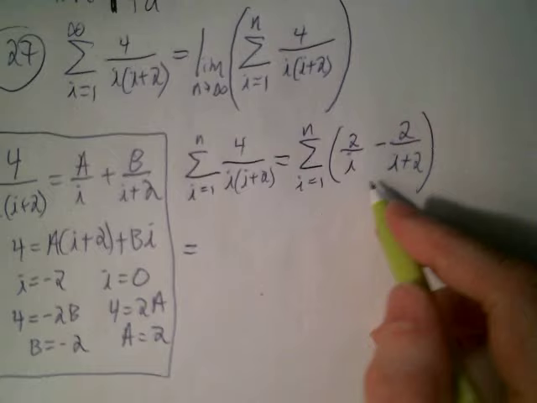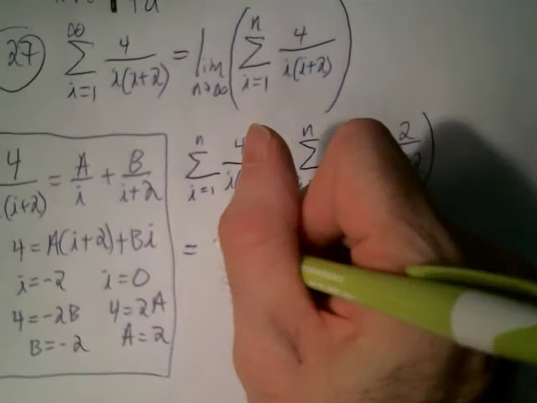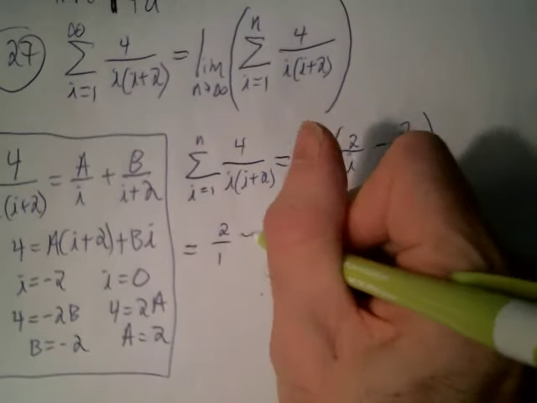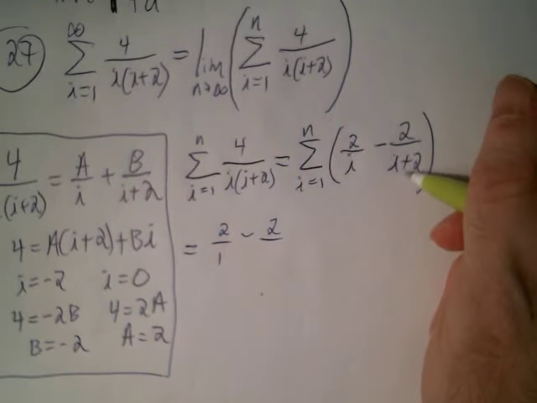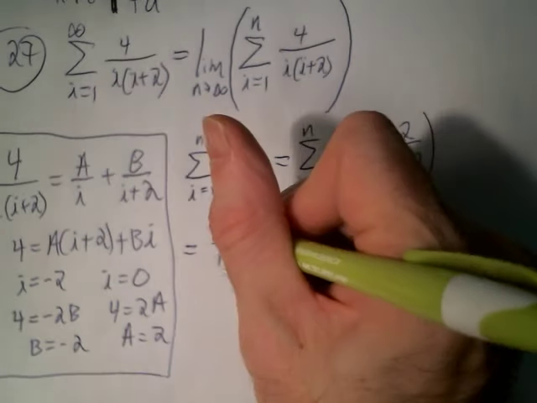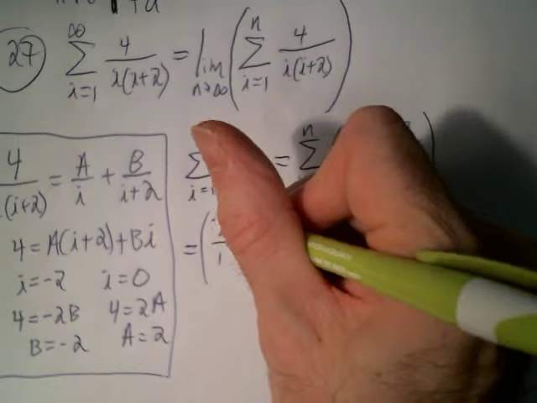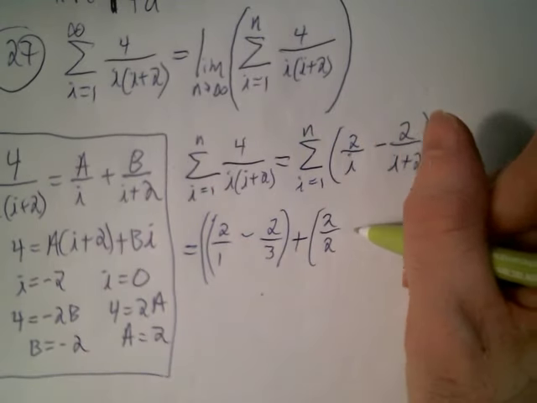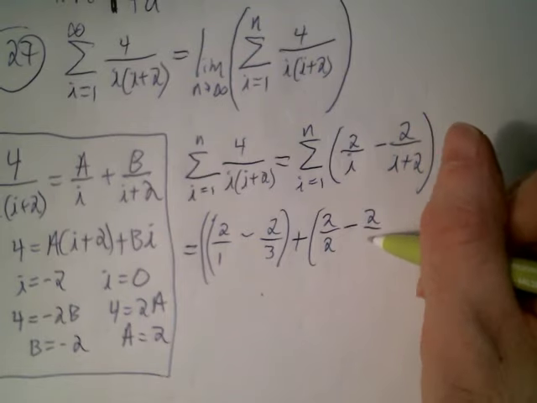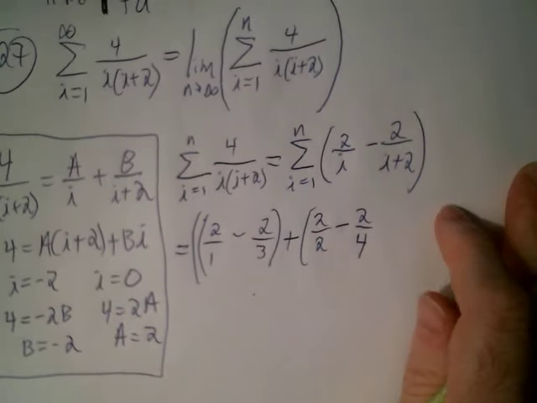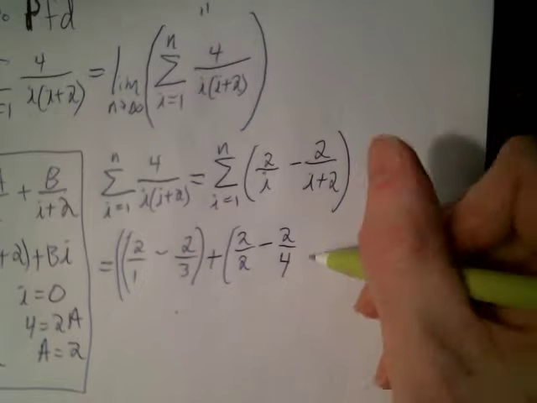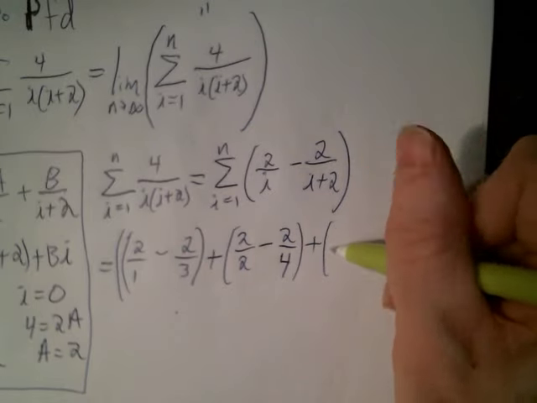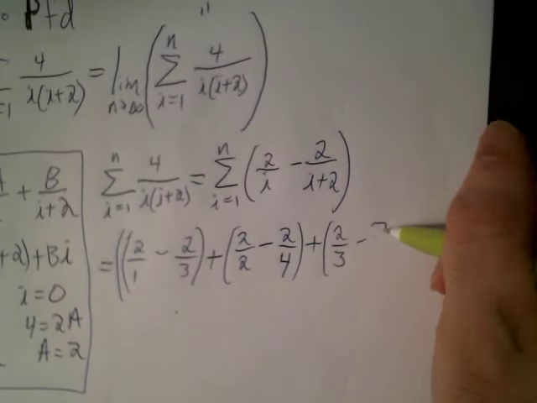So I'll just look at the first couple terms. I'll have 2 over 1 minus 2 over, if I put 1 in for i, 3, plus 2 over 2 minus 2 over 4, plus 2 over 3 minus 2 over 5.